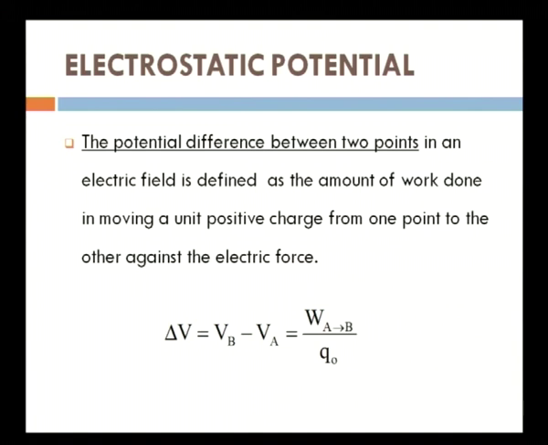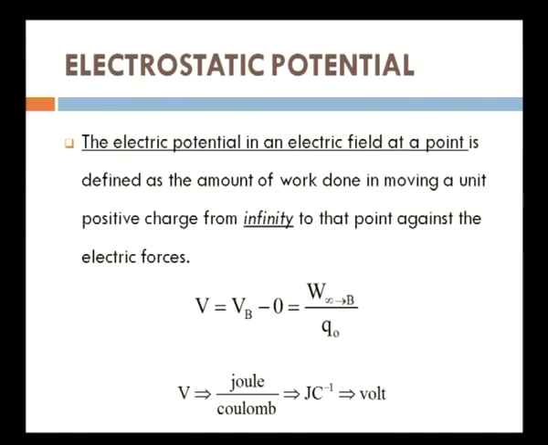The potential difference between 2 points in an electric field is defined as the amount of work done in moving a unit positive charge from one point to the other point against all electrical forces. Here the expression for the difference in potential between the 2 points is the ratio of work done to a unit positive charge.